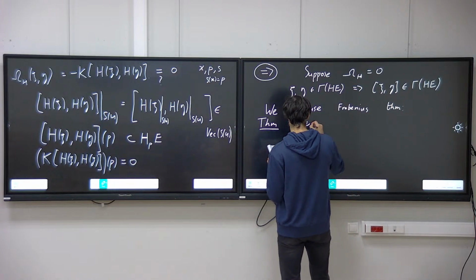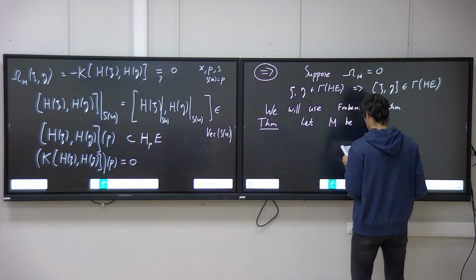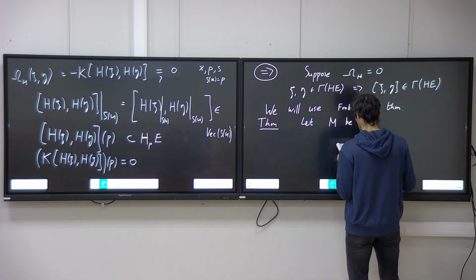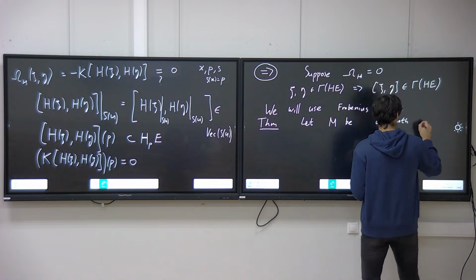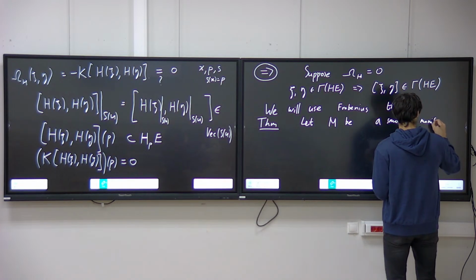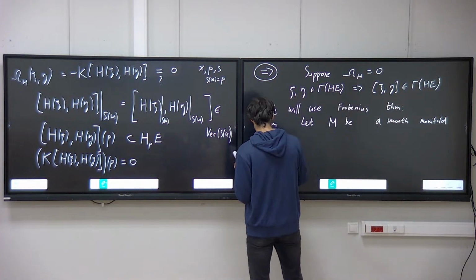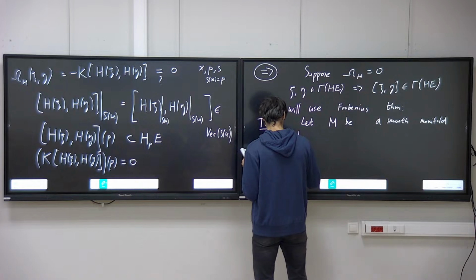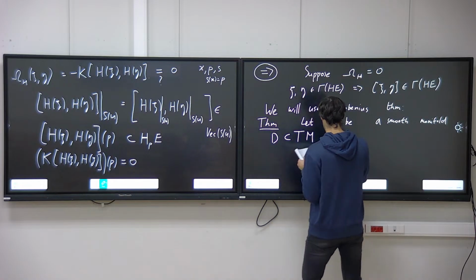So let M be a smooth manifold, and D, it's a subset, first of all, of TM, but also it's a vector subbundle.